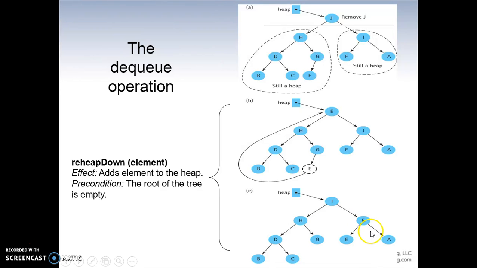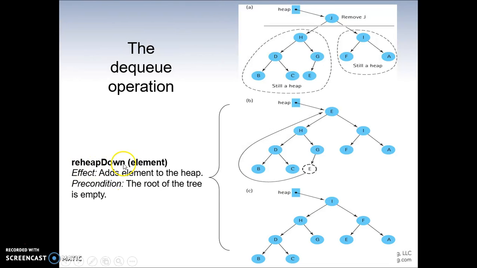C, H, and F. Take the greater one to the top. In this case, H is going to go up, right? If I remove again, and C goes down here, and then compare again D, G, and C. G is greater, so G goes up, and C is there. And then we're done. We still have a complete shape, and the order is correct. So that's how we DQ for a heap.